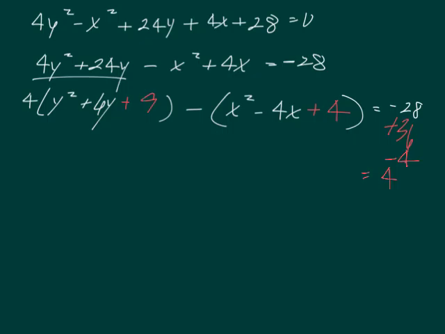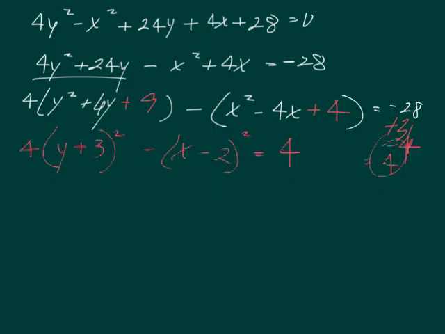So let's go ahead and write what we've got. We have 4 times the quantity y plus 3, squared, minus the quantity x minus 2, squared, equals this 4 right there.